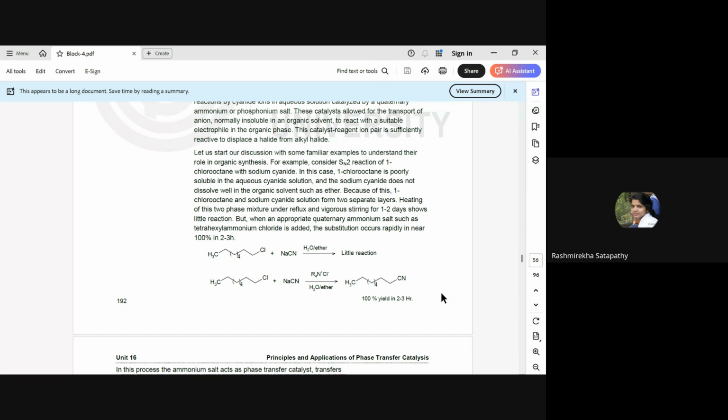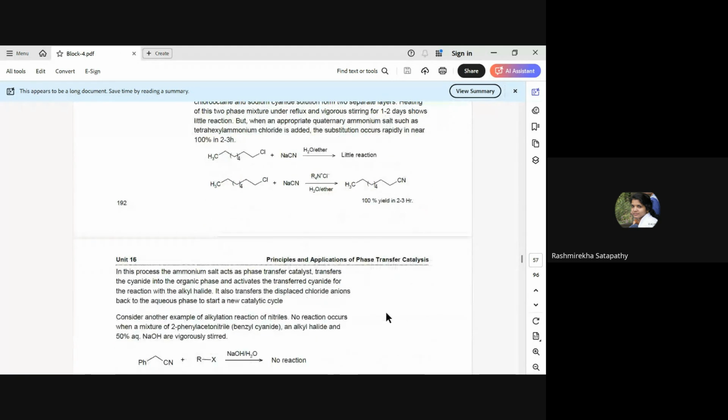This is called the phase transfer catalyst. In the same reaction with sodium cyanide, there is no reaction or little reaction, but if you add a little bit of tetraalkyl ammonium chloride, you get 100% yield. So this is a phase transfer catalyst.